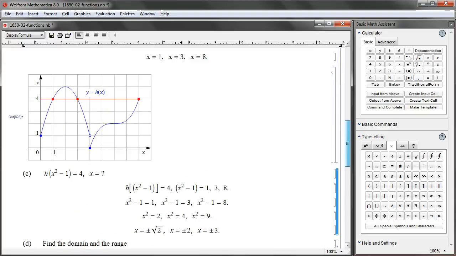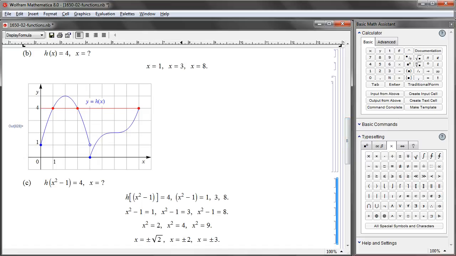So this x squared minus 1 has to be 1, 3, or 8. Let me show you the solution here. This inside, x squared minus 1, has to be either 1, 3, or 8, so it's a continuation of the previous problem. We get 3 equations: x squared minus 1 is 1, or x squared minus 1 is 3, or x squared minus 1 is 8.